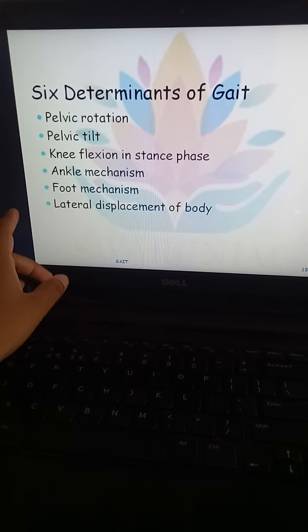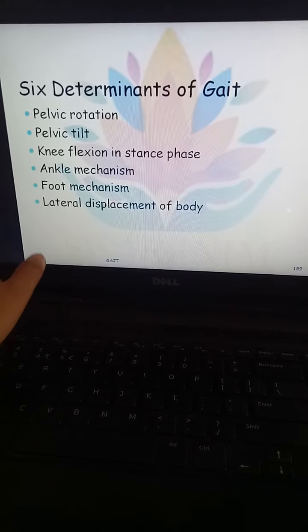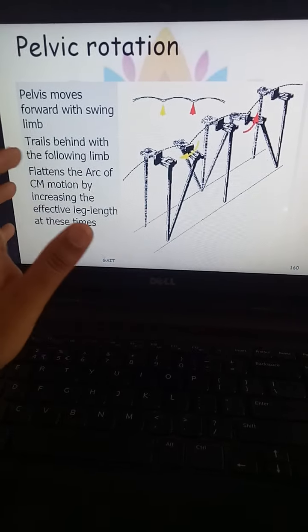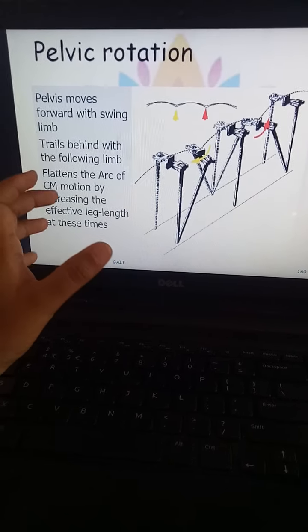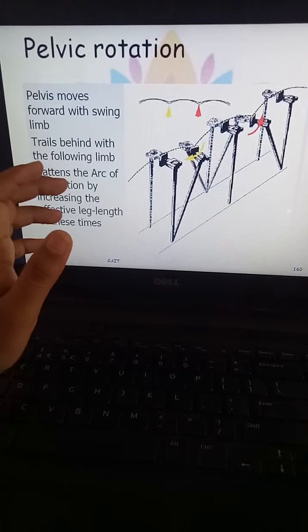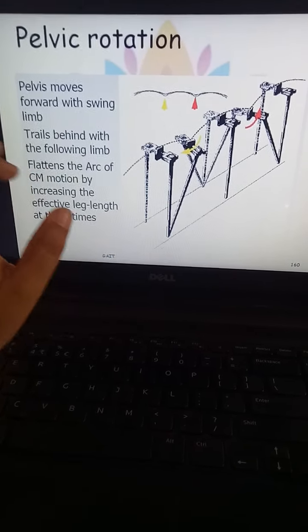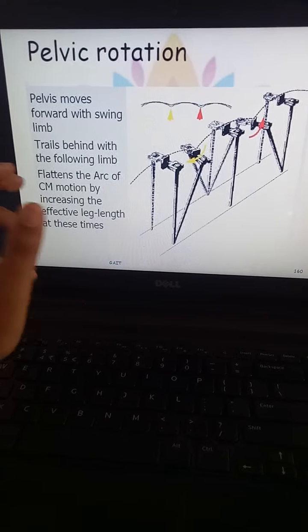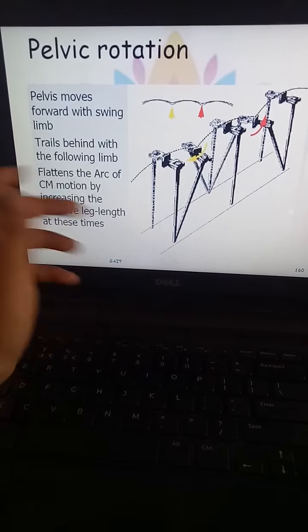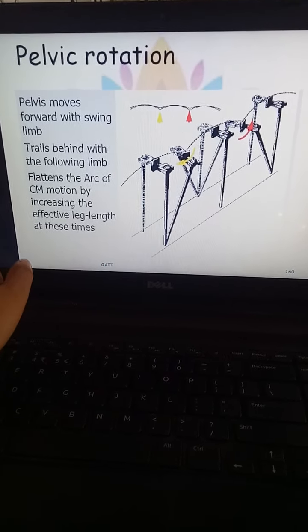Second is lateral displacement of the body, meaning which side the upper body of the person is moving. Is it going in the same direction, a different direction, or the opposite direction? All of that we have to check in the determinants of gait.